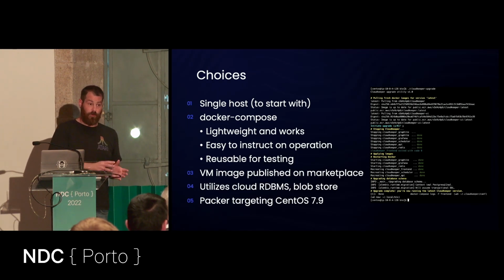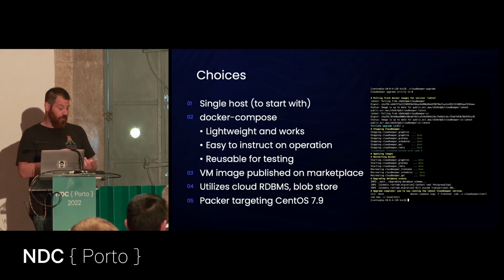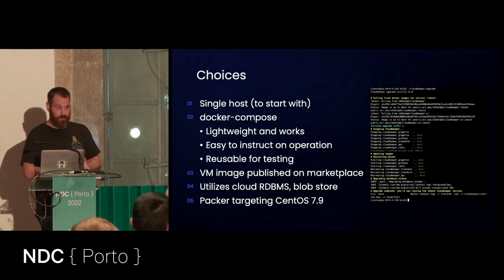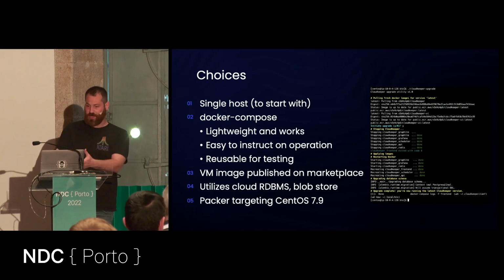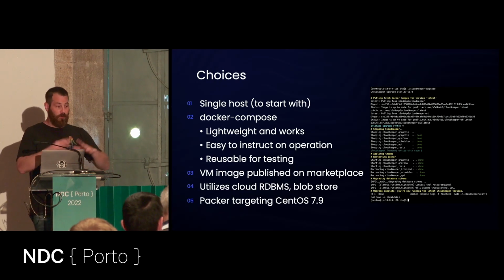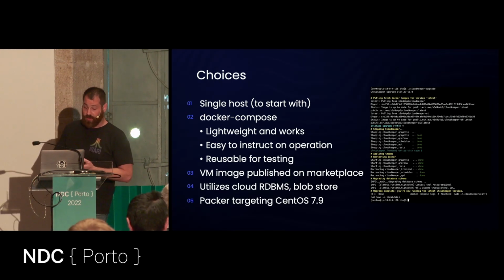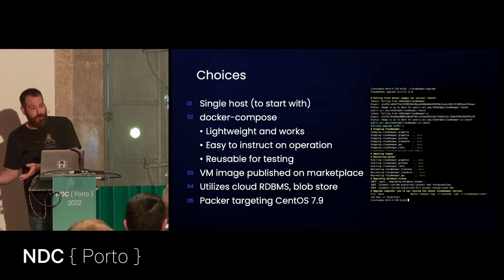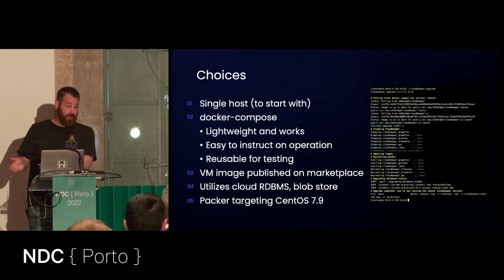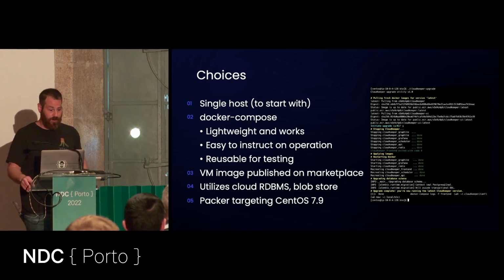So the same Docker Compose file was used for internal development, was used for our testing, whether it was testing on a developer's laptop or more full-scale testing with a demo system on a dedicated AWS account. And the same file was actually deployed on customer servers within their cloud account.